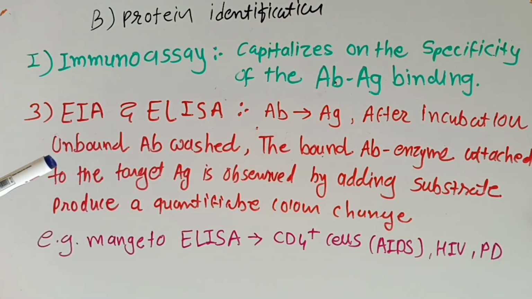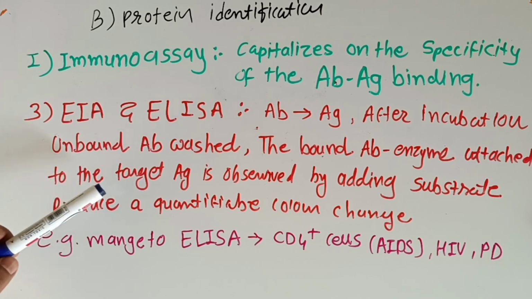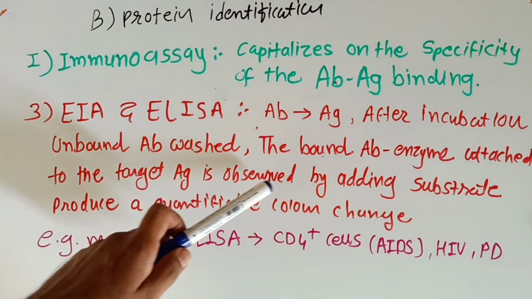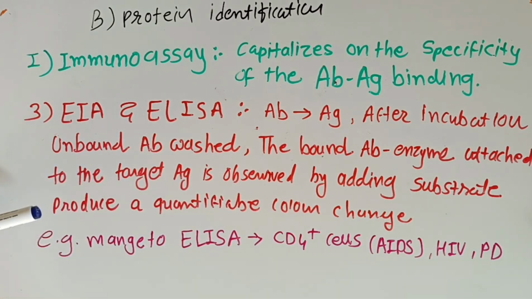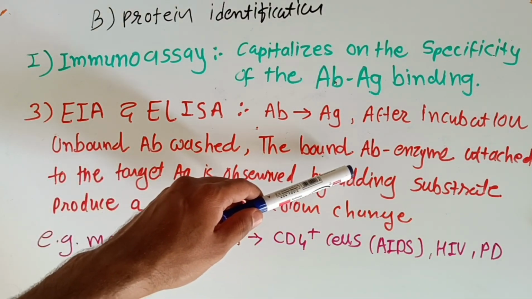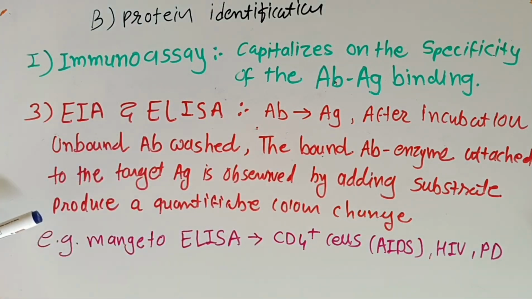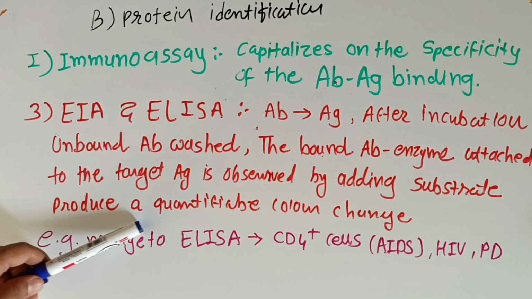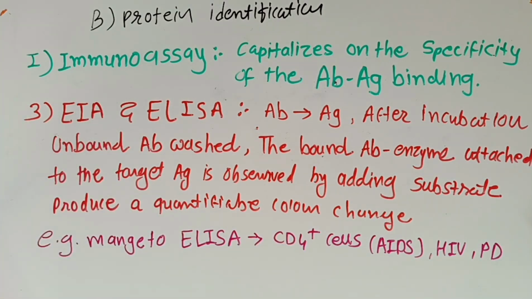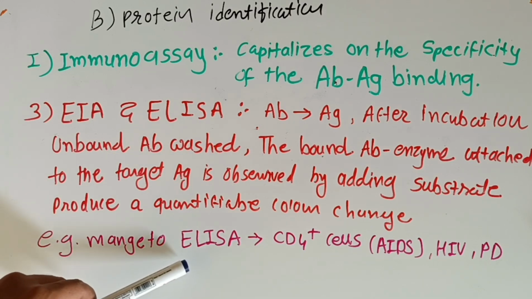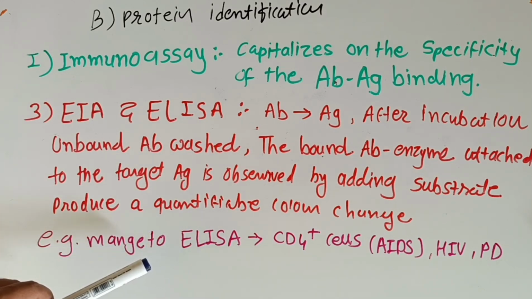After that, when this antibody is linked with the target antigen, substrate is added, and that substrate reacts with the enzyme which is bound to the antibody. So an enzyme substrate reaction happens, and that produces a quantifiable color change which is measured. Application: ELISA is used for CD4 plus cell count in AIDS, also used for HIV detection and pregnancy diagnosis.